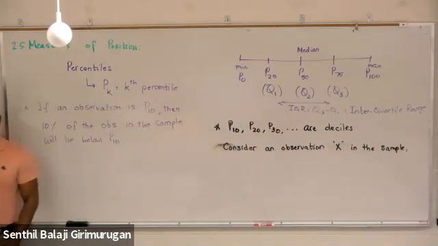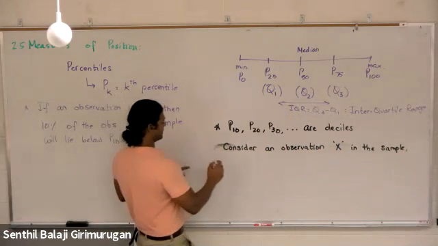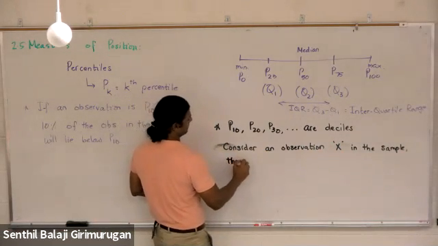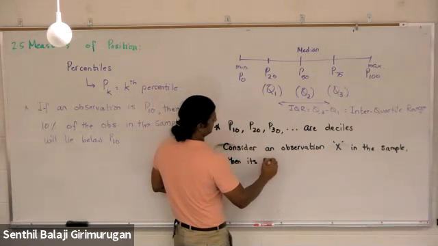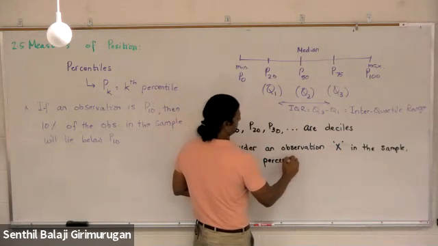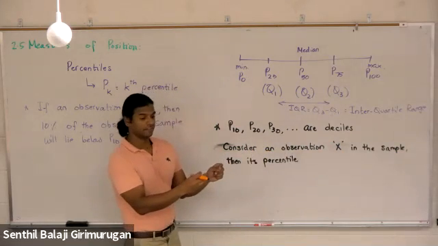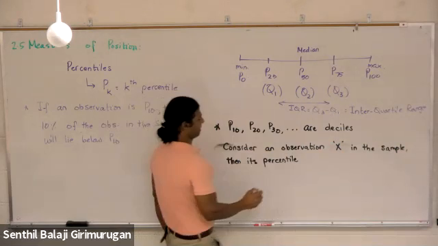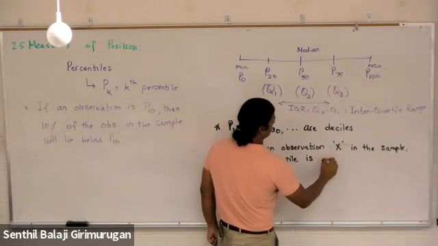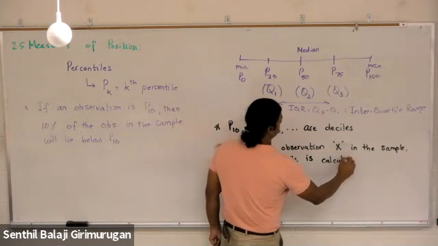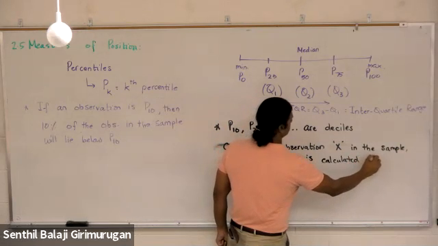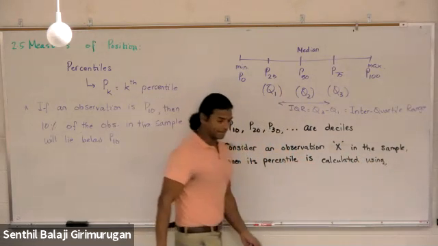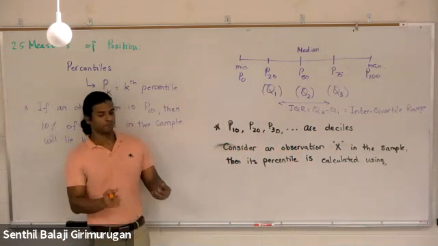Consider an observation X in the sample, then its percentile, in other words, the observation's position in the sample, is calculated using this simple formula.